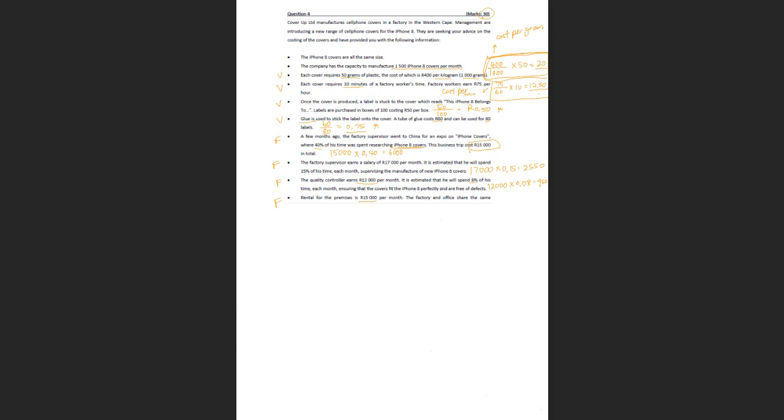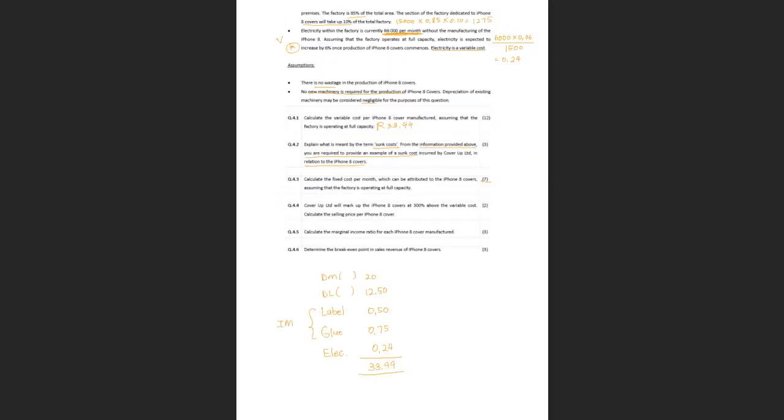And you're also not going to be able to change the rental agreement at the moment. And most of the times it's with a long-term lease. So once you enter into the agreement, it is difficult to get out of. So that is your second question. Then the third one is to calculate your fixed costs for the month.